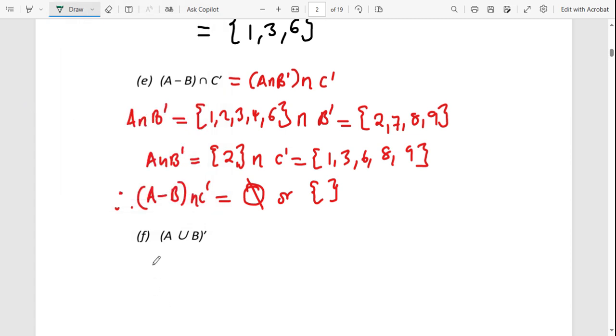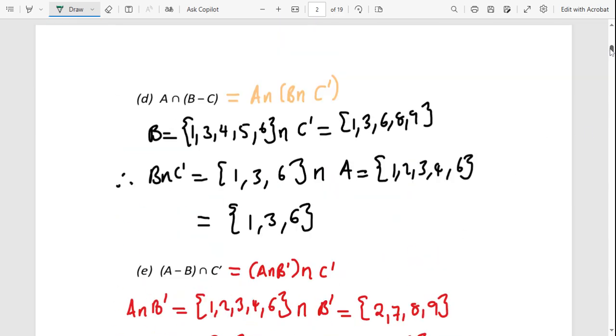For this last one, for question 1, we'll find A union B first. The set A is 1, 2, 3, 4, and 6. The set B, what's the set B again?